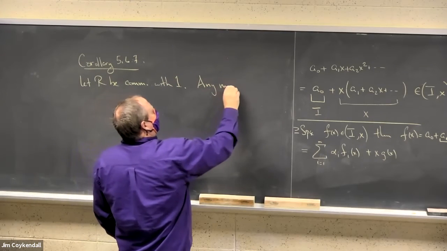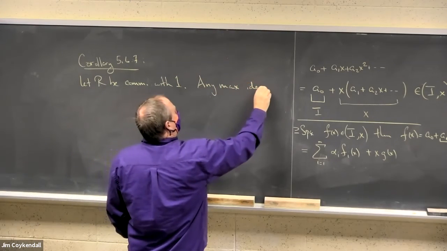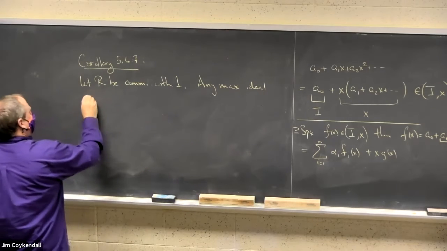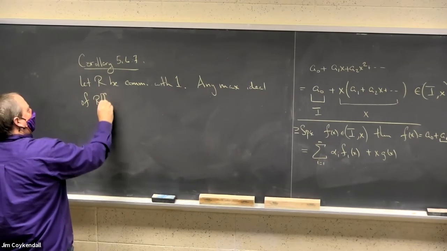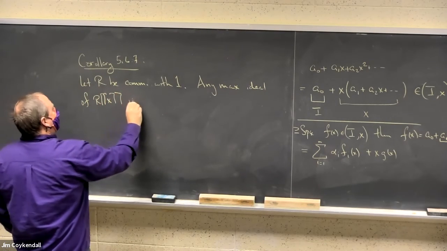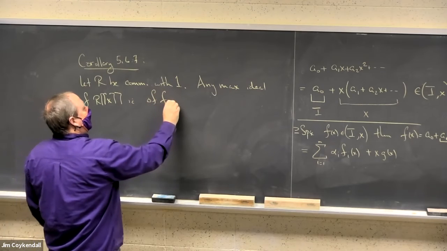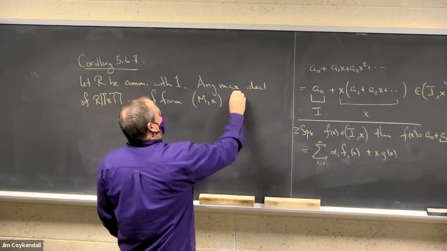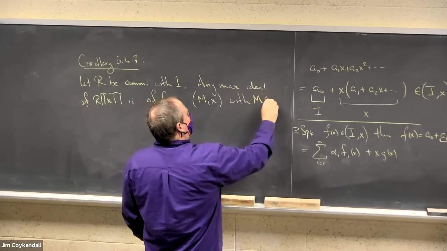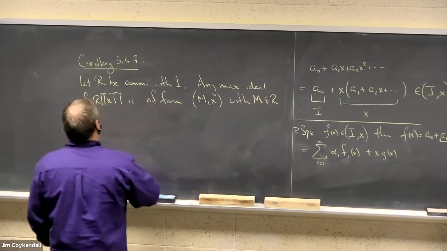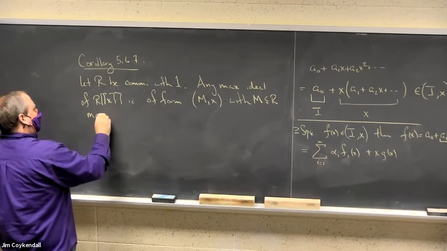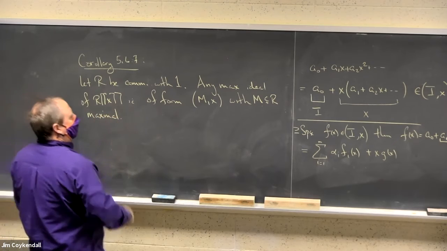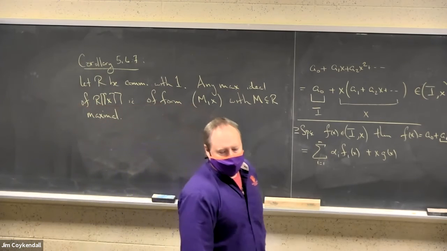Every maximal ideal of R power series in x is of the form M comma x with M maximal in R. This is not true for polynomial rings.